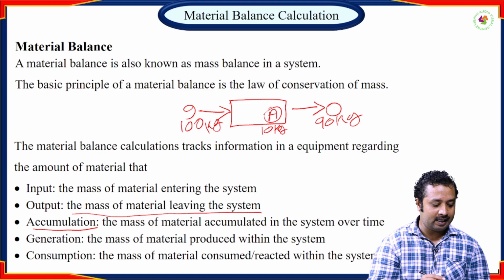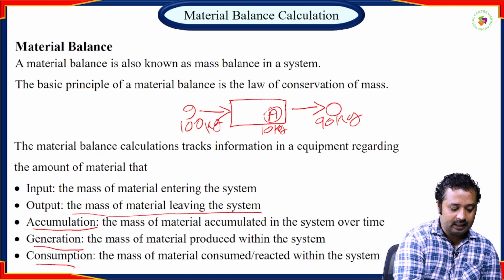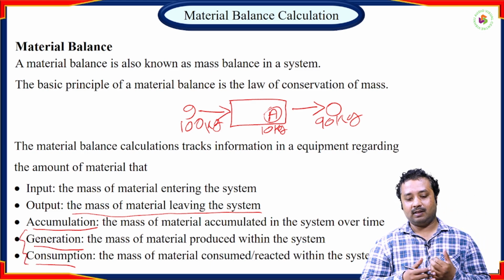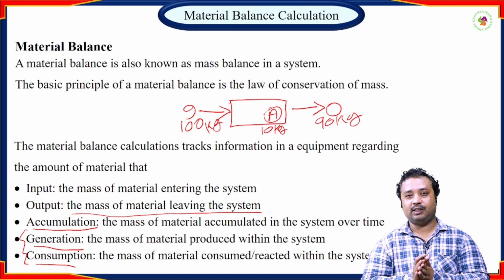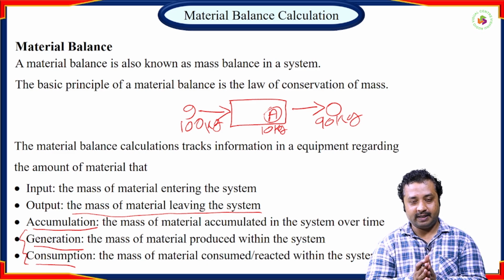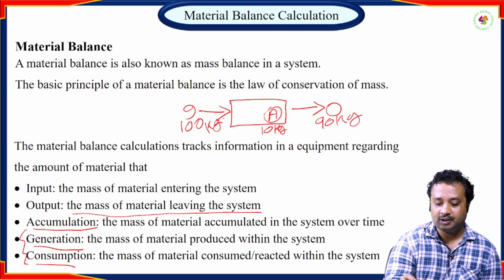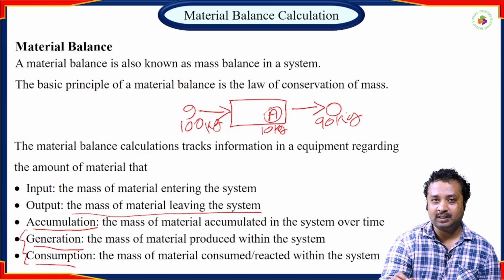Okay, so the next point is generation and consumption. These two concepts come into play when we have some reaction within the system. In the example I just gave, some amount is input, some amount is accumulated, and the remaining amount goes out of the system.